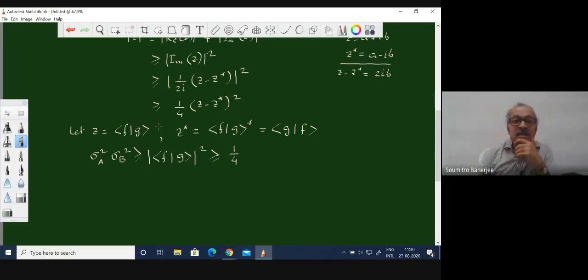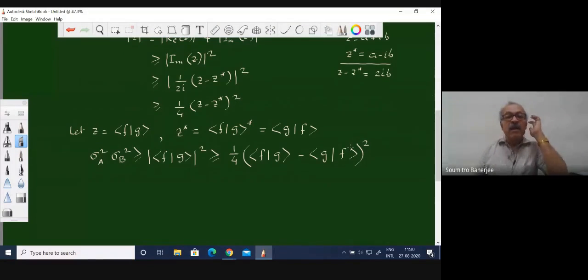Z is this, z star is that. So I can write it g f minus g f square. Square was here. Okay, so I have got an inequality relating these quantities, this and that.